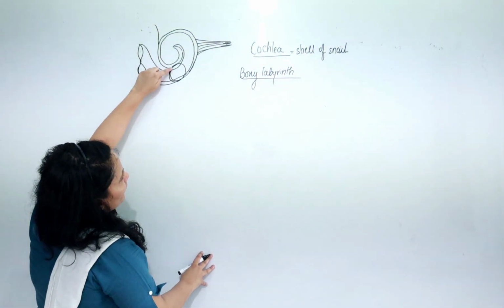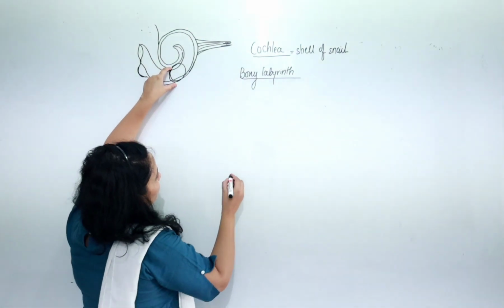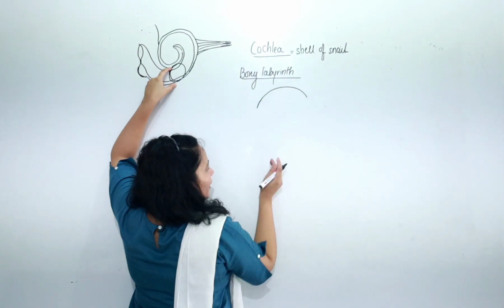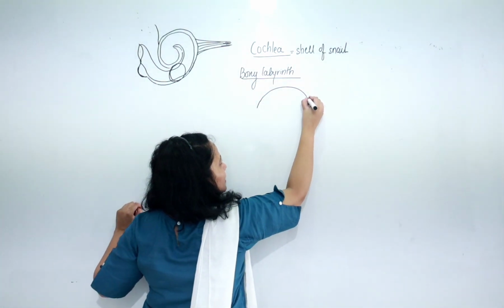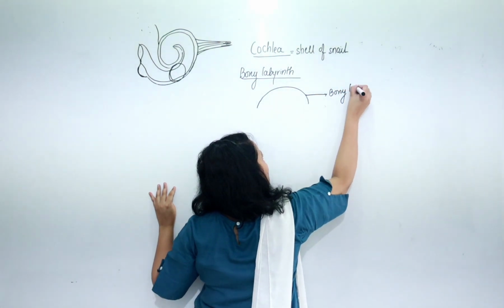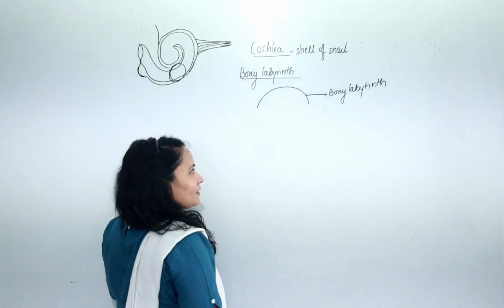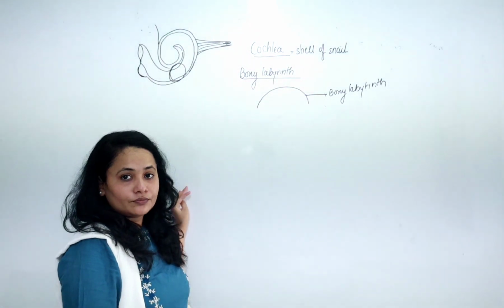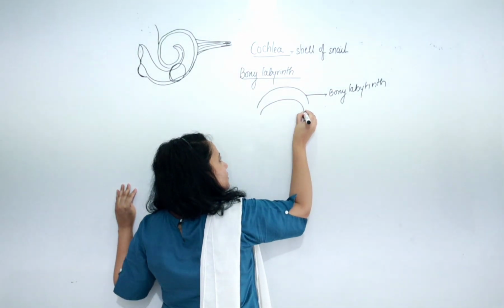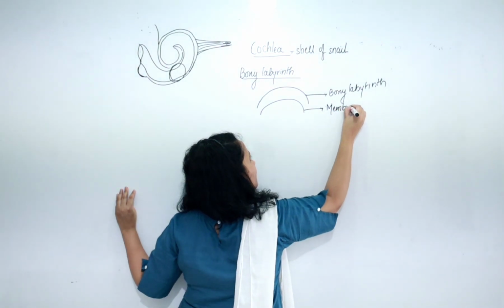So there are four membranes you can see. If I talk about the membranous labyrinth and the bony labyrinth, there is an outer labyrinth. This is what you call the bony labyrinth. That is the folds of the temporal bone. Inside this, there is the membranous labyrinth.